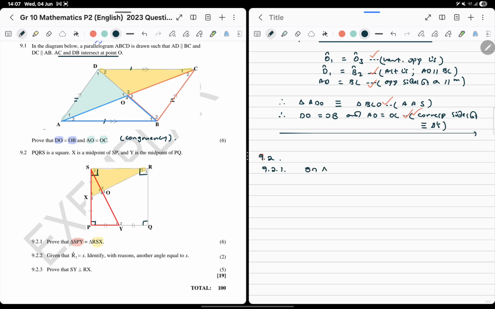We know that in triangle SPY and triangle RSX, we understand that SP should be equal to SR, right? These are sides of a square. Sides of a square are equal.